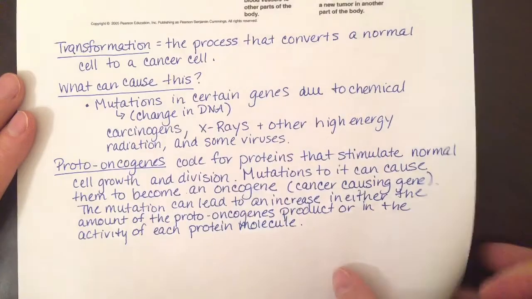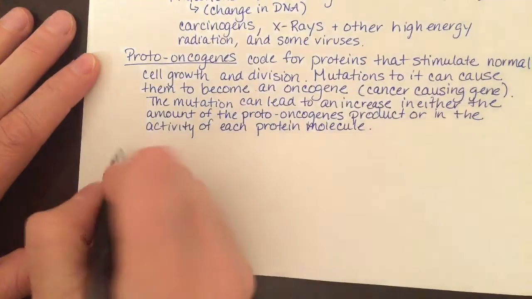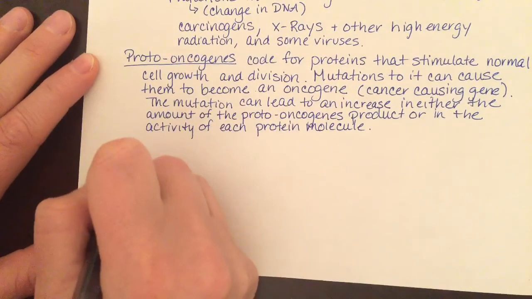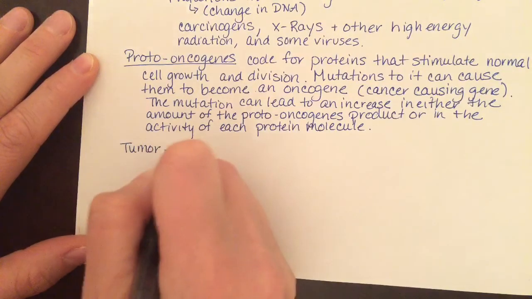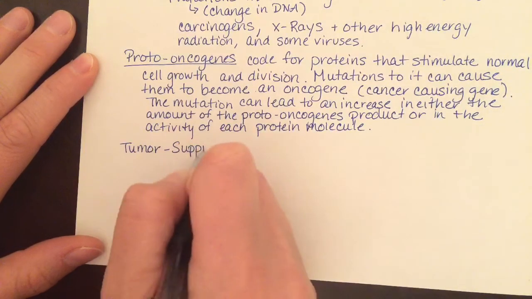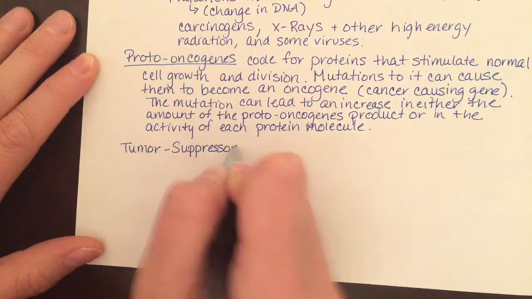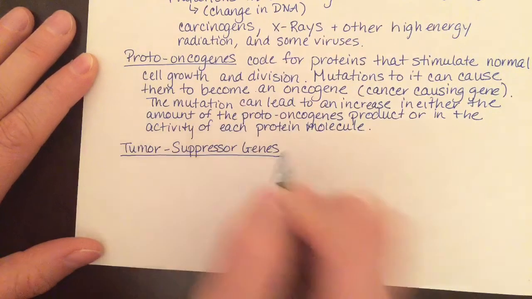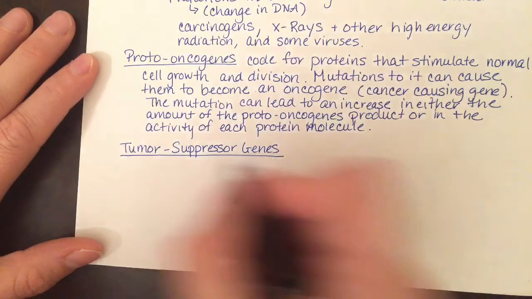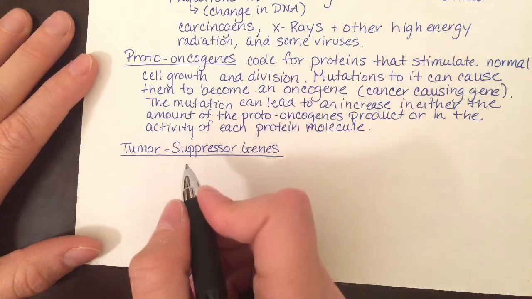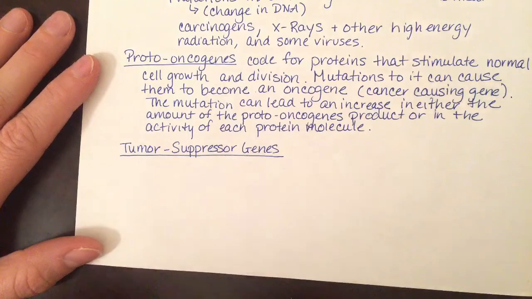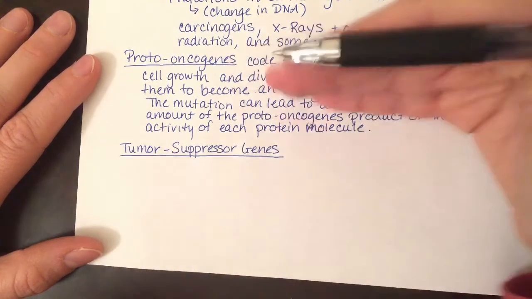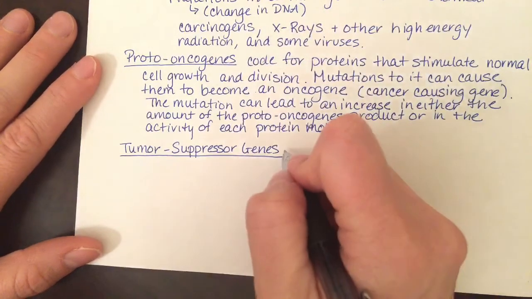All right, and then we have the tumor suppressor genes. These guys, as they might sound, code for proteins that inhibit cell division. So this promotes cell division, this inhibits it.